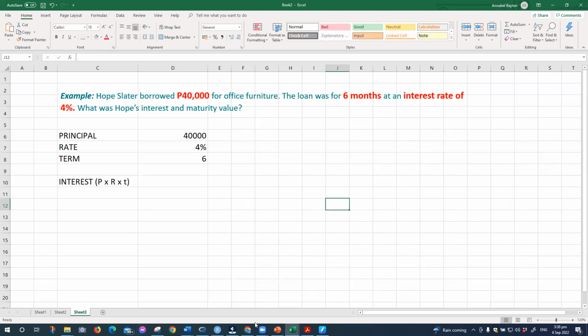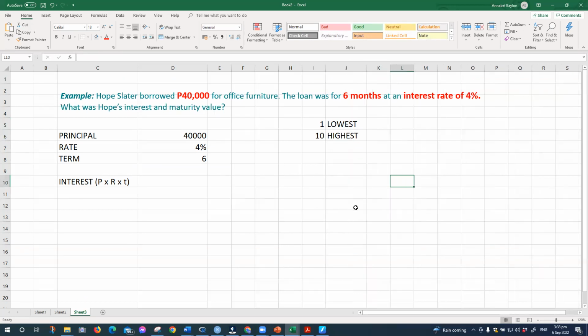Pause muna ako. I'd like to have a quick survey. On a scale of 1 to 10, 1 is the lowest. So i-survey yung Excel skills nyo, and 10 being the highest. Okay, ano ibig sabihin ng highest? Marunong kayo gumamit ng Visual Basic for Application ng Excel. Programming ng Excel yon. Marunong kayo gumamit ng solver function ng Excel.